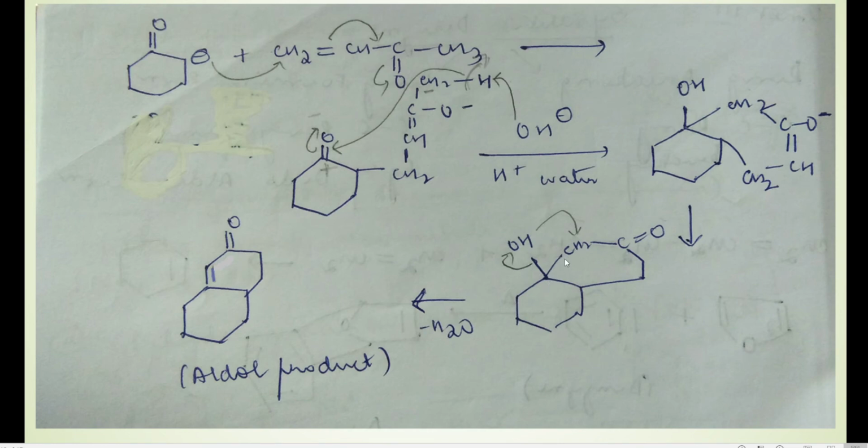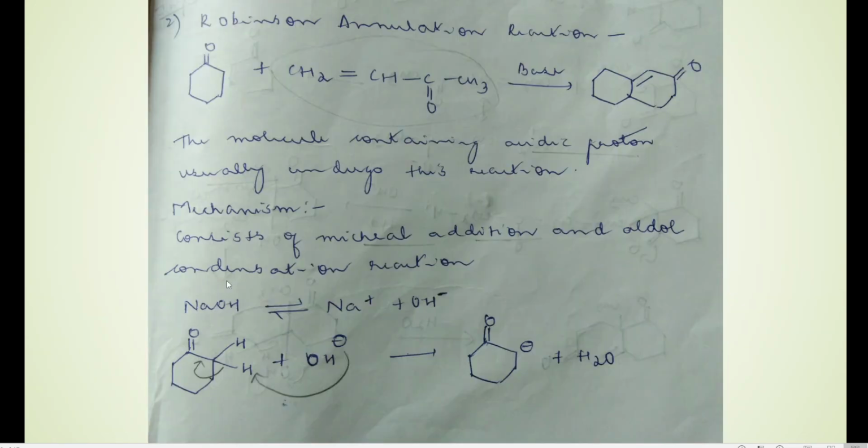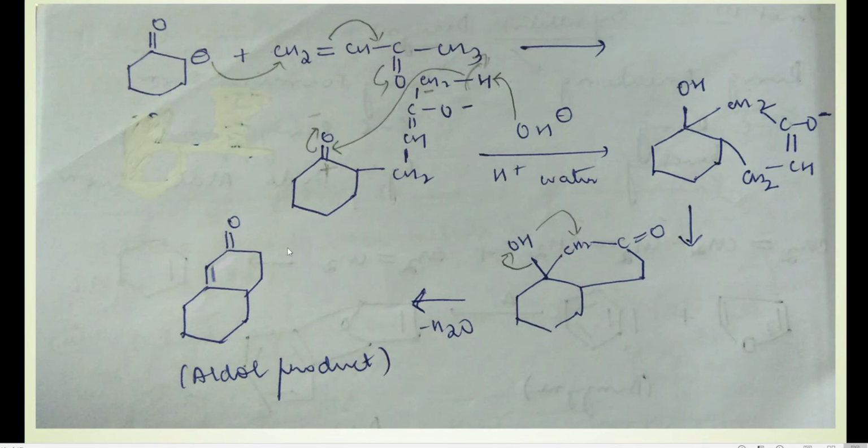In order to retain the carbon's valency of 4, there's a new bond formation between this carbon and this carbon, that is seen as a double bond, and therefore we get our final product, and there's an additional ring formation here. Can you see the additional ring that is formed? So therefore there's an additional ring formation, hence it comes under ring formation reactions.